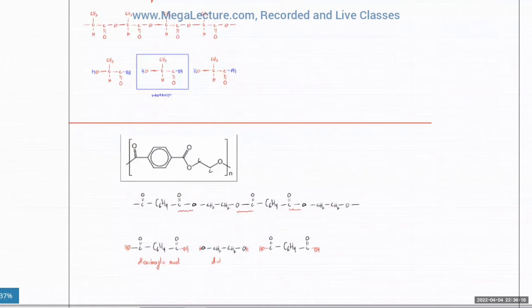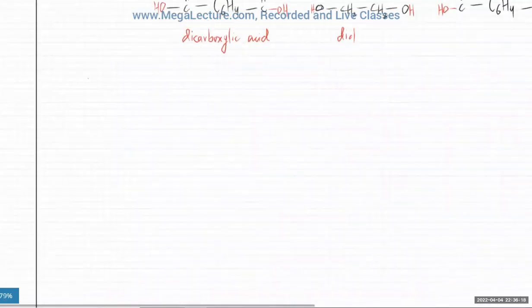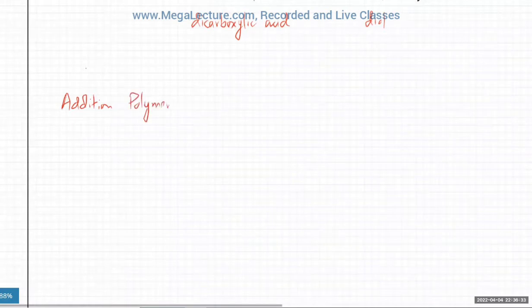Like if I have an addition polymer, I'm just going to draw one very simple addition polymer. They are formed using alkenes. So addition polymers tend not to be biodegradable.